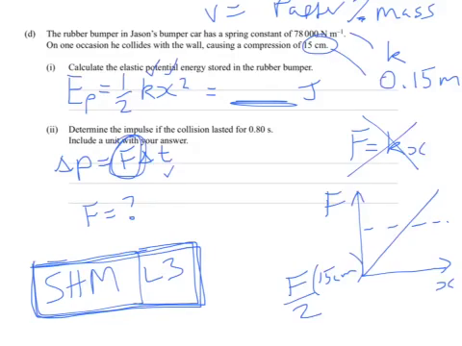But if we consider that, I totally forgot what I was going to say. No, it turns out that the question is what we'd call over-constrained. That means it's given too much information. I think we find that the collision did not last for this particular time if we use the simple harmonic motion method. Unfortunately, sometimes these papers have problems and they're not as well written as they could be.